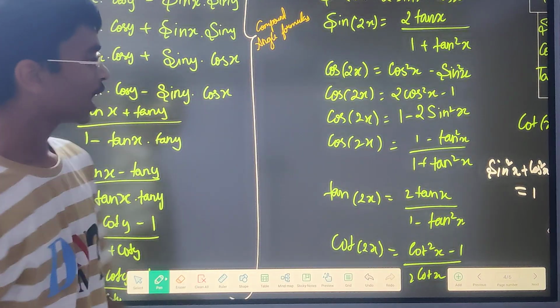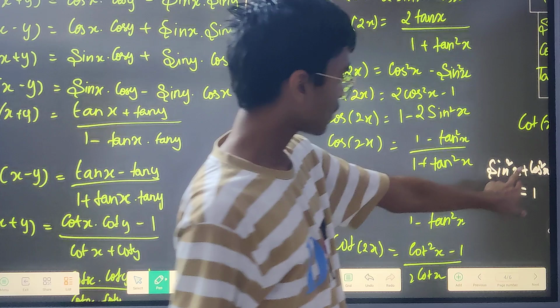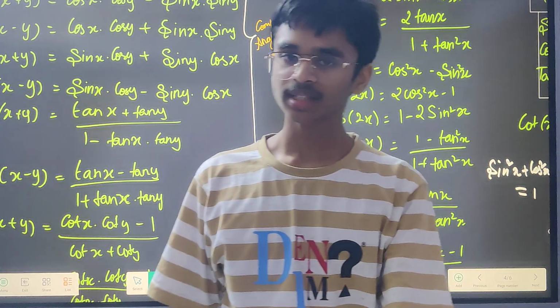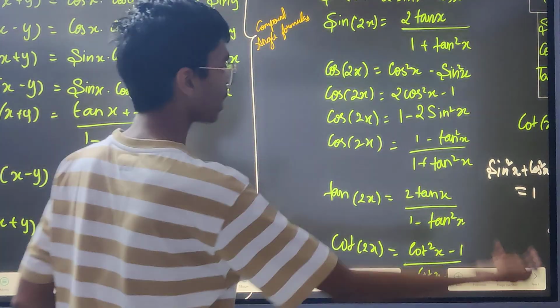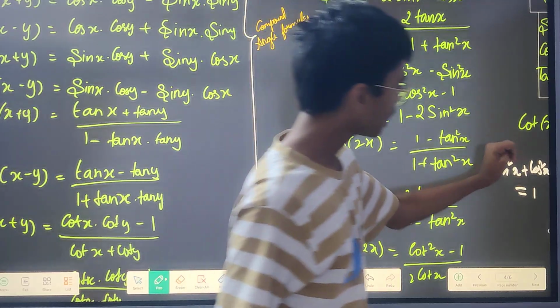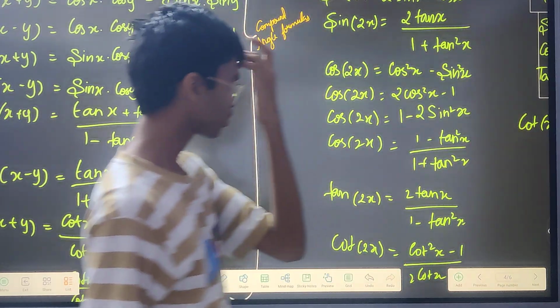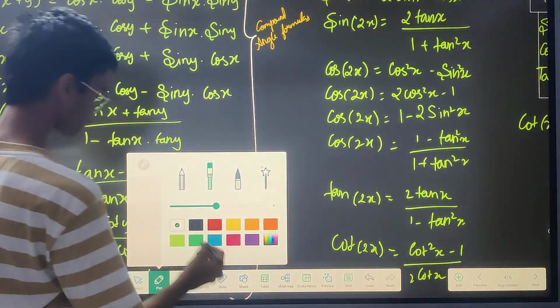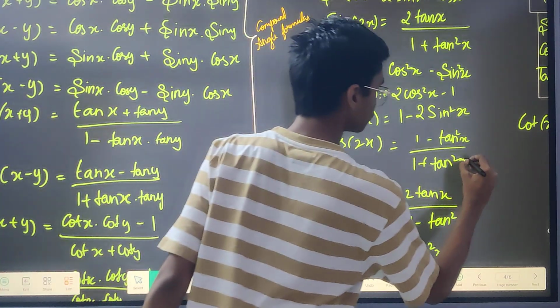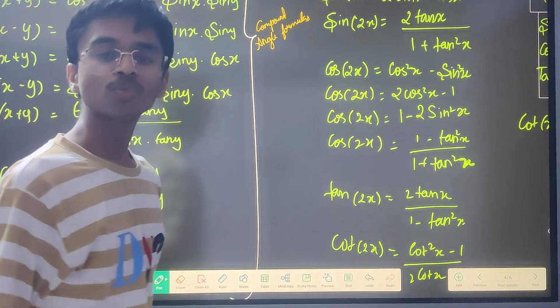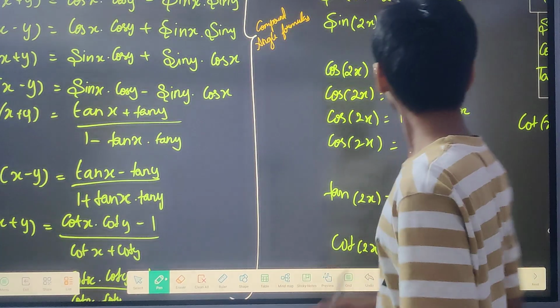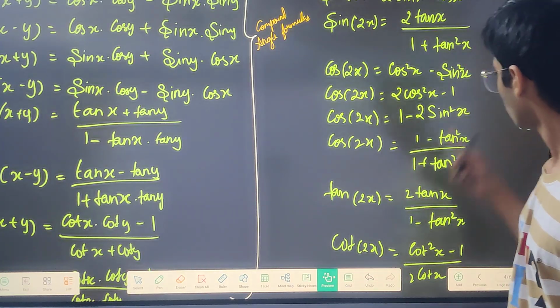If you make sin square as the subject, then sin square x is equal to 1 minus cos square x. Substituting that in place of sin square x, you will get cos 2x is equal to 2 cos square x minus 1.